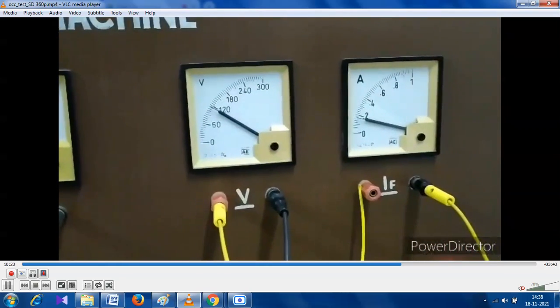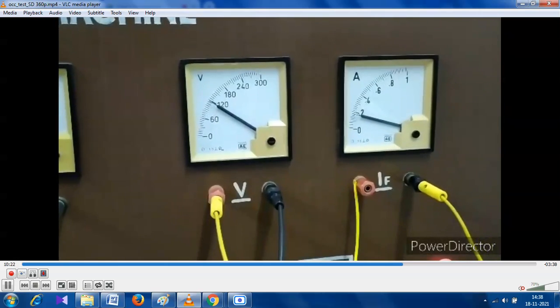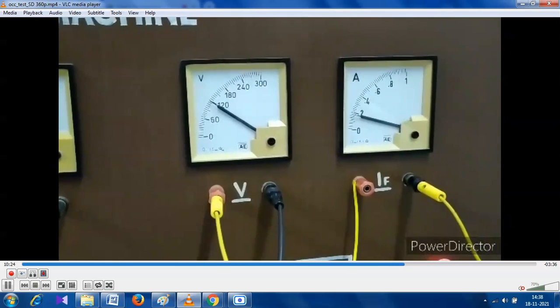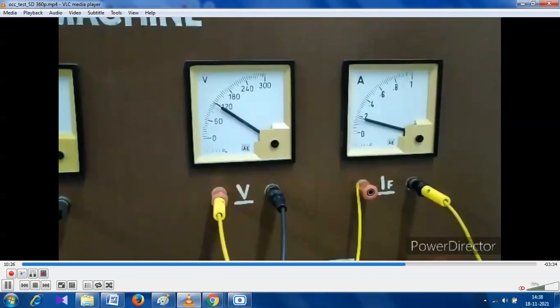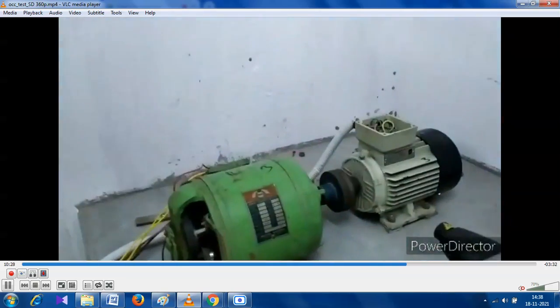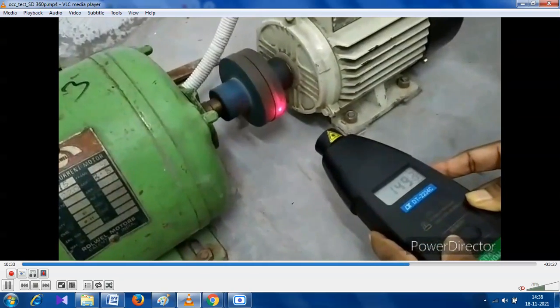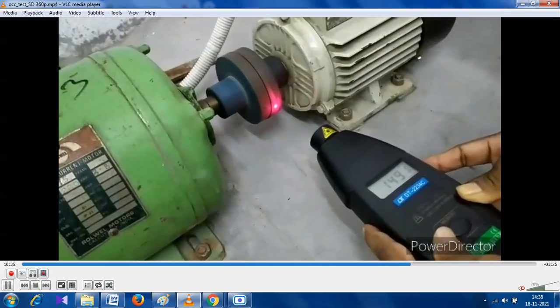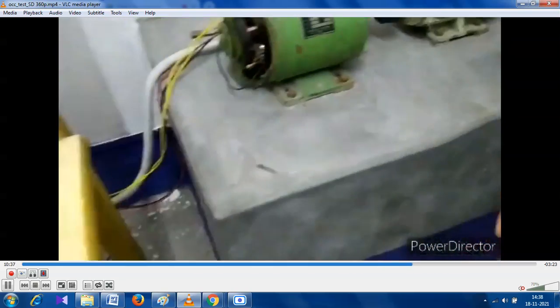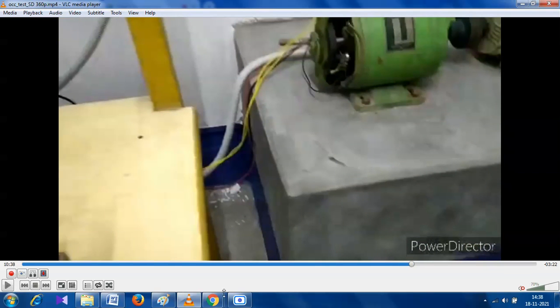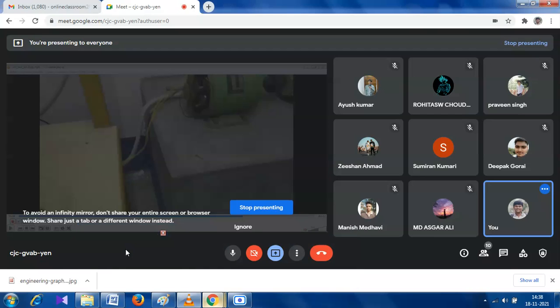What should be the final value of the ammeter in this experiment? Do you know, Manish? What should be the final reading of the ammeter for this experiment?